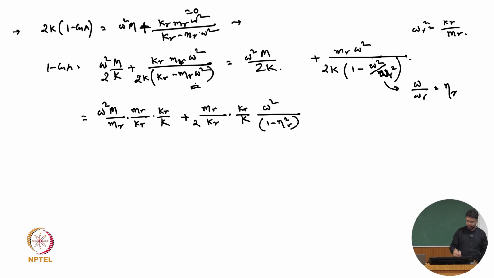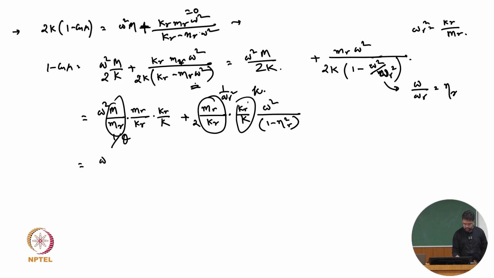So it was m by k, but I am writing it like m by m_r, m_r by k_r, and k_r by k. So why do I do that? Because we can say that this thing is basically my 1 by omega_r square, and this is nothing but my stiffness ratio, kappa, and this is my mass ratio, 1 by theta.